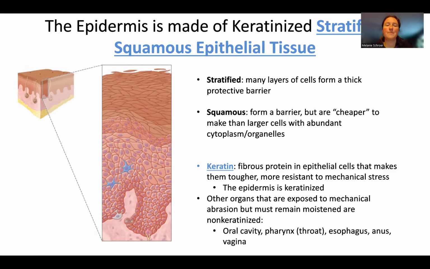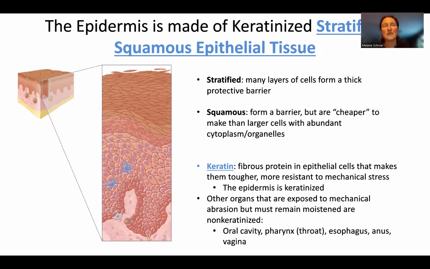Again, organs like, or essentially any organ that's exposed to the outside world, like our oral cavity, right? We are breathing in through our oral cavity. We are taking in food, which is a lot of times very scratchy. And so it scratches the lining of our oral cavity, of our mouth, right? It scratches our throat, our esophagus on the way down.